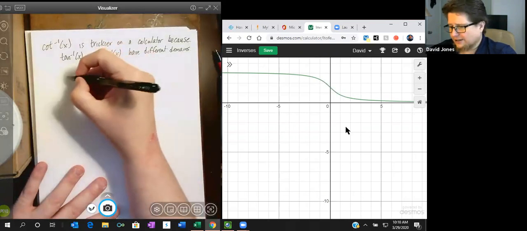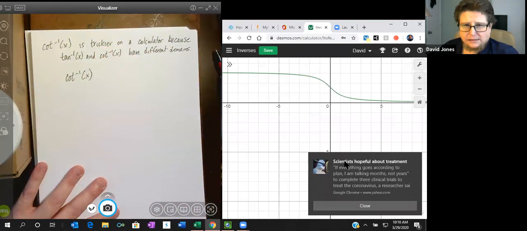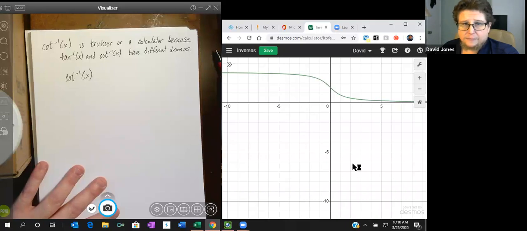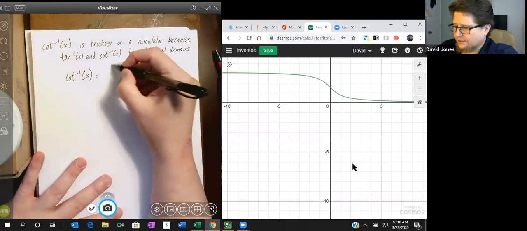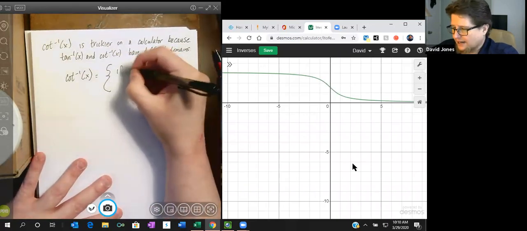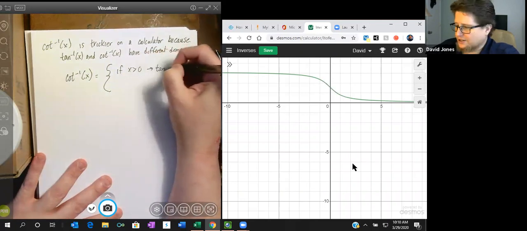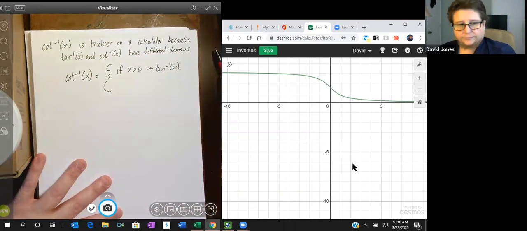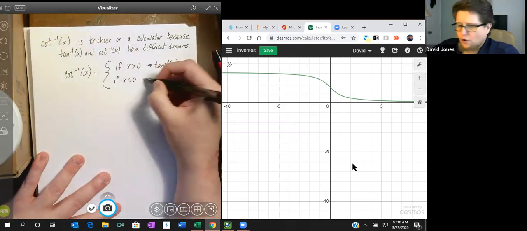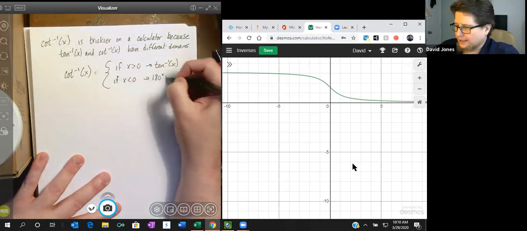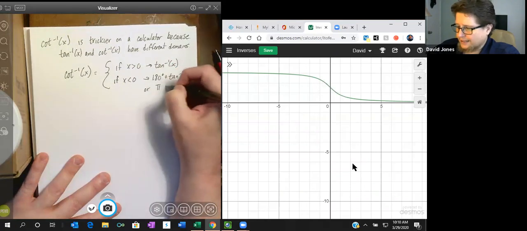So in a calculator, cotangent inverse of x has two things going on. If x is greater than 0, we're just going to treat it as tangent inverse of x. If x is less than 0, we're going to treat it as 180 degrees plus tangent inverse of x, or pi plus tangent inverse of x.